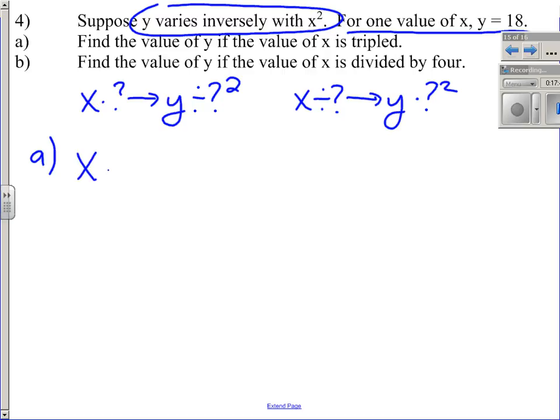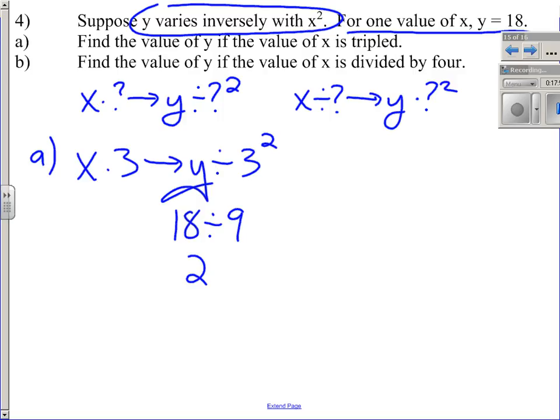Okay, so now I've got a tile that's 3 times as big. Well, that means the number of tiles that I'm going to need is going to get divided not by 3, but by 3 squared. So now instead of needing 18 tiles, I'm going to need 18 divided by 9, which is 2 tiles. So obviously a bit of a silly example, but that's the deal.